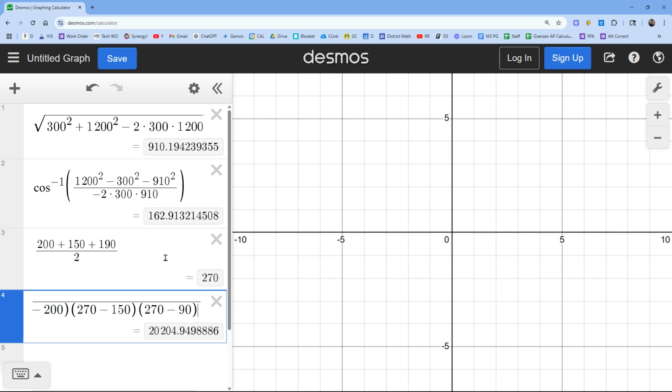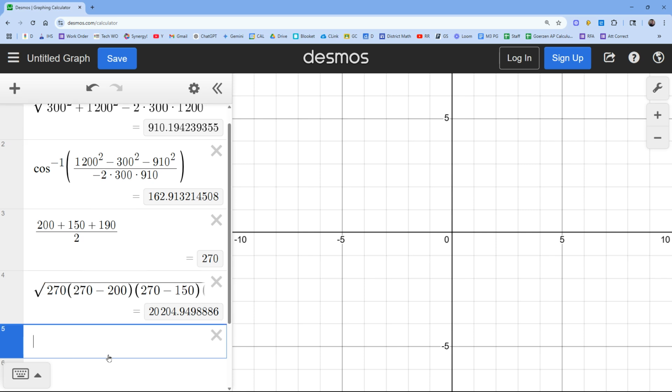All right, and you get the answer 20,205 feet squared. Then, to see how many bags of grass you need to buy, because one bag covers 650, we're going to take 20,205 and divide by 650.